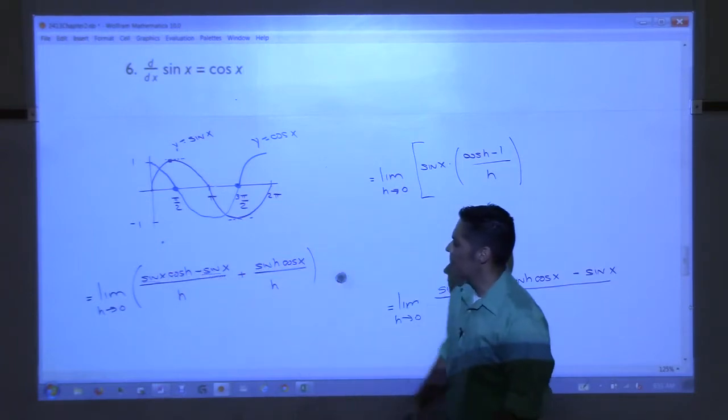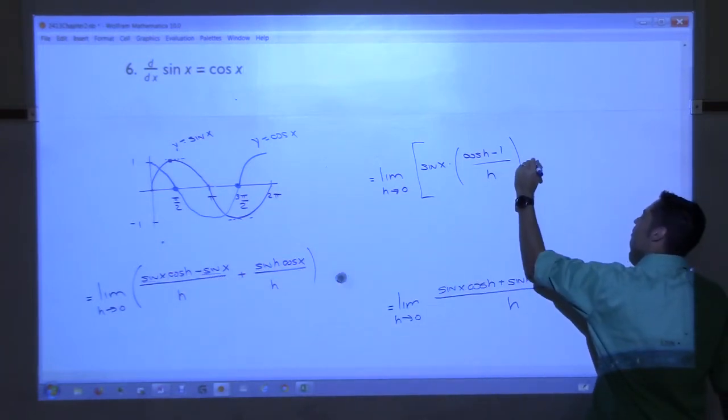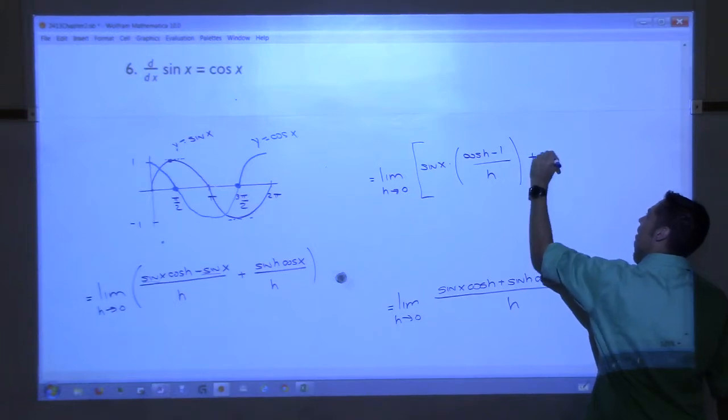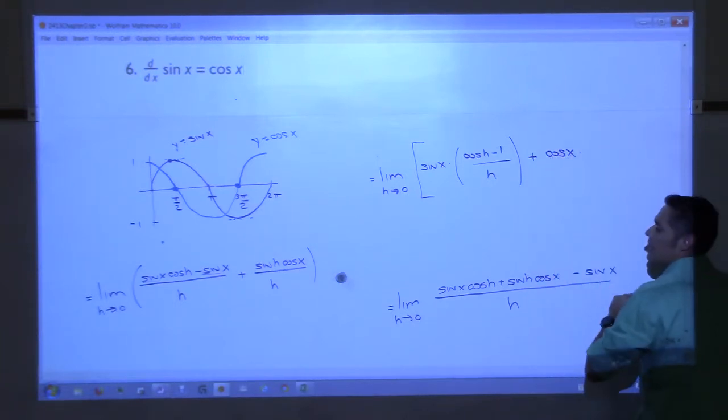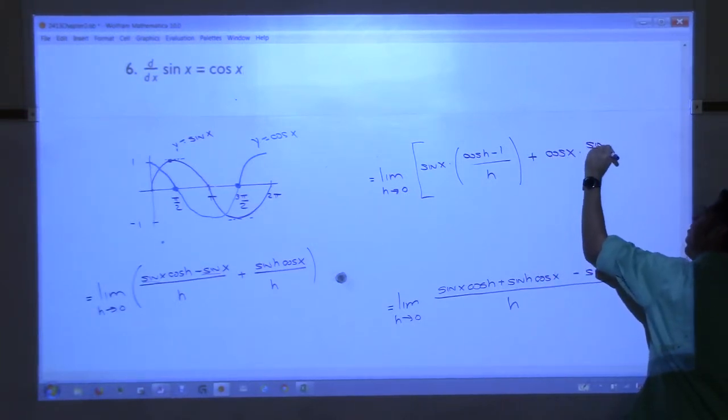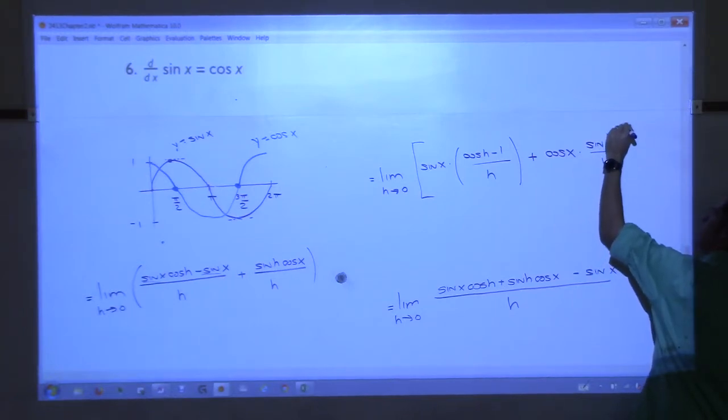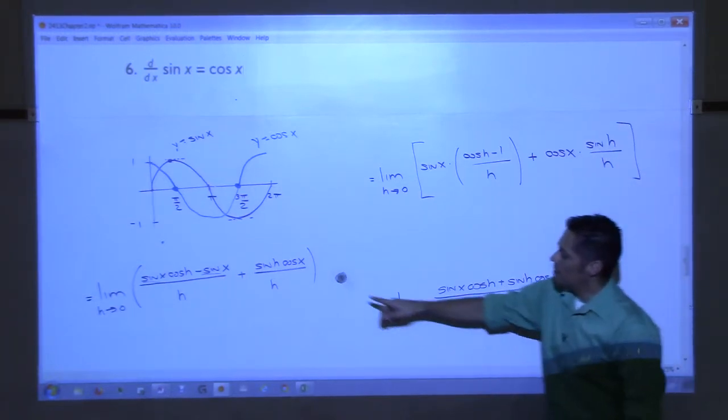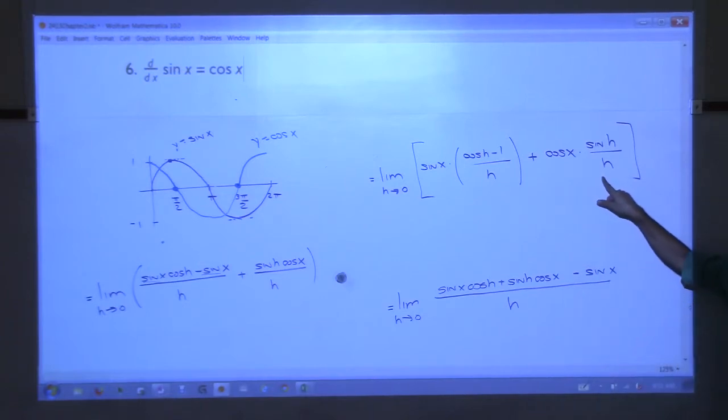Over here, I'm not really pulling anything out. I'm just going to write the cosine x out front and write sine h over h next to it. Do you agree that this is the same as this? Yep. All right, we're there.